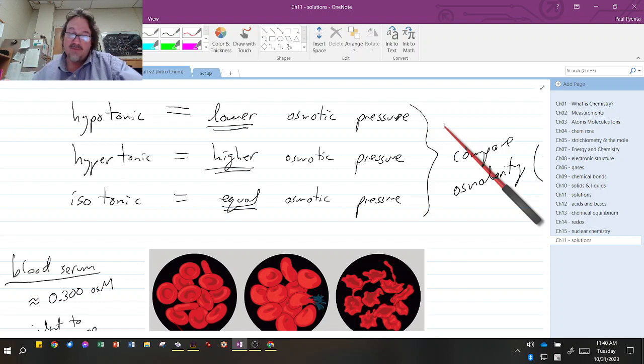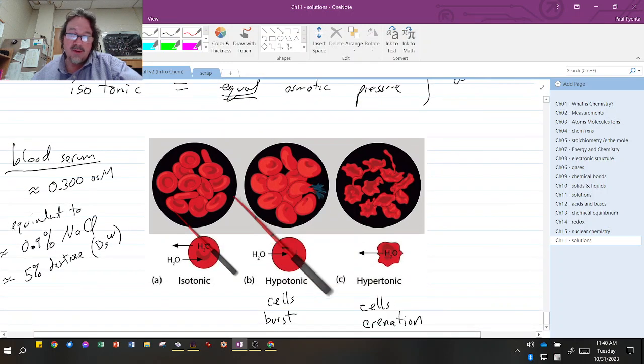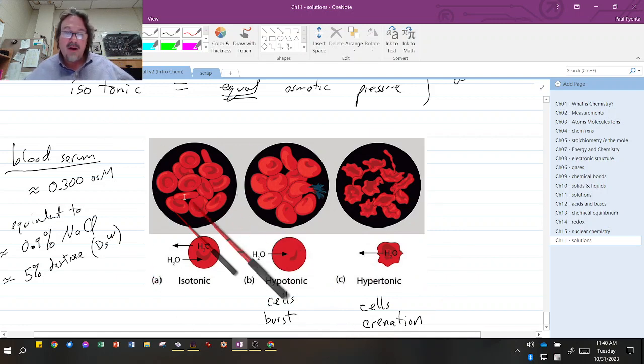For example, here's the picture from the textbook. If I take red blood cells, here they are, floating around in the blood. Remember, blood is essentially water, but it's got all this other stuff dissolved into it, so it's got a total concentration of stuff as far as osmotic pressure.